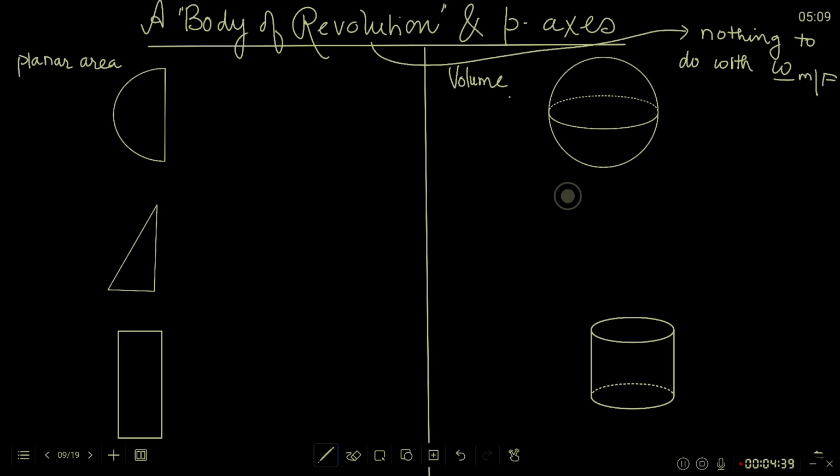Suppose I have a semicircular area as shown here. Okay, so this is a semicircular area, and let's consider an axis like this.